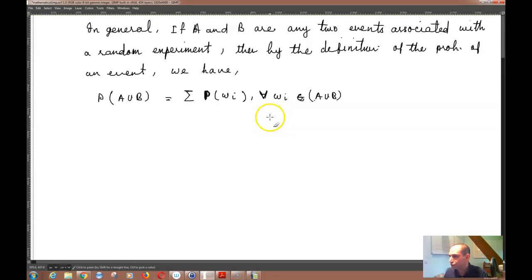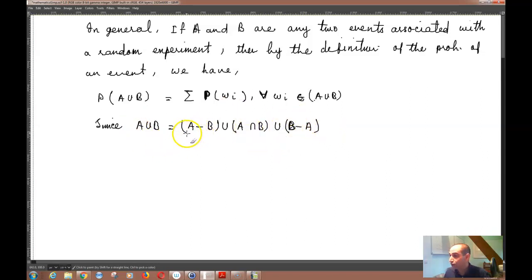So since A union B is the same thing as A minus B union with A intersection B union with B minus A, I don't know how they've gotten that.